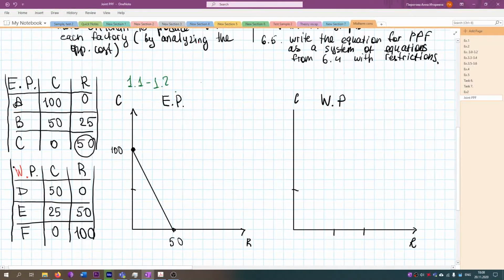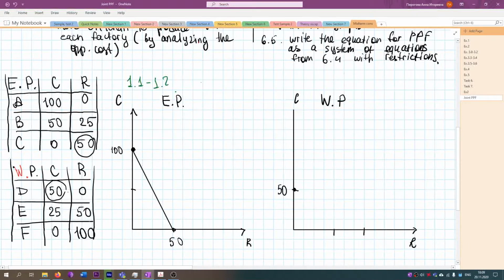The same thing we can do with the Western production. So if the Western production produces only cars, it can produce 50 and 0 radios. And this point is here.